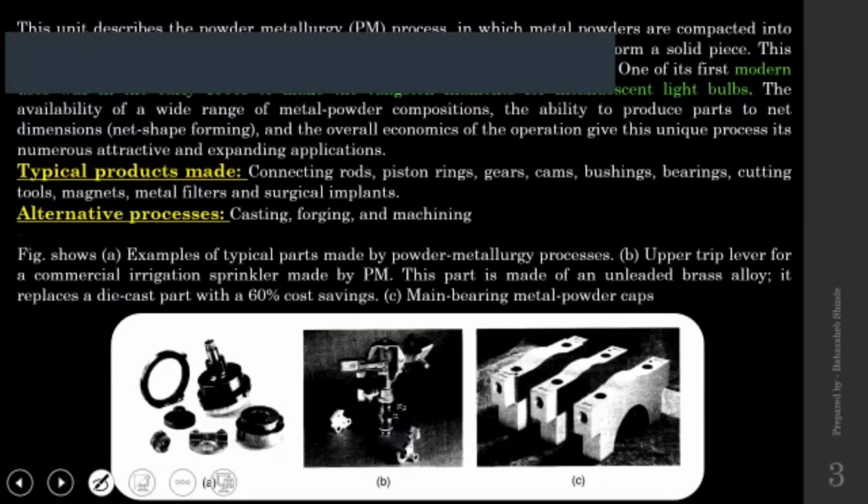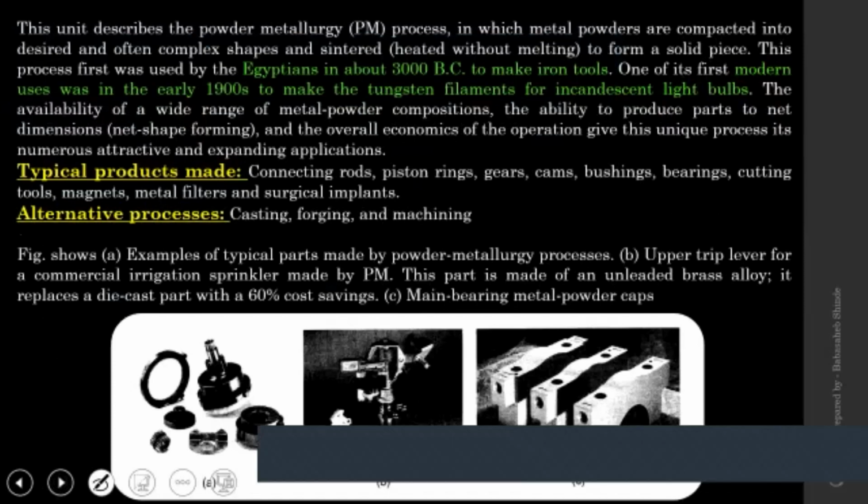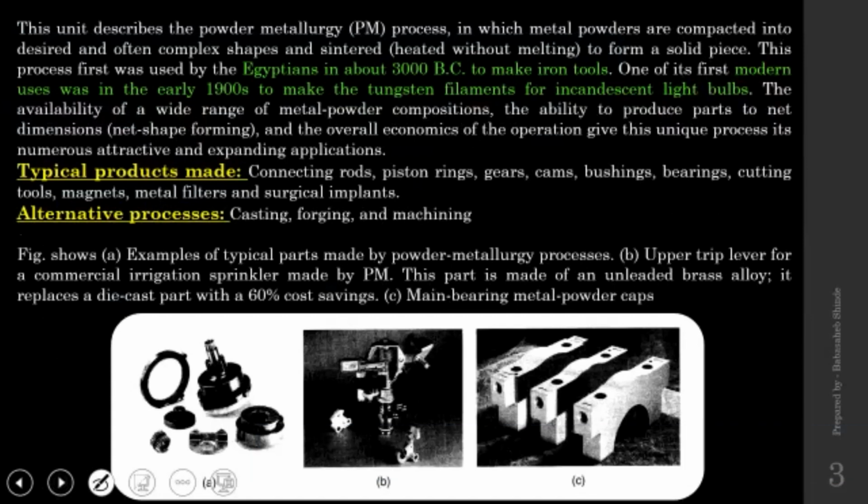Next, introductory part. So how did this metal powder processing technique come into existence, or since when did we start using it? Like other manufacturing techniques, this powder metallurgy technique has been used since ages.